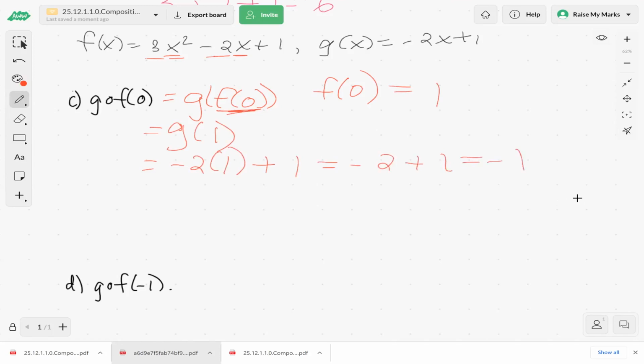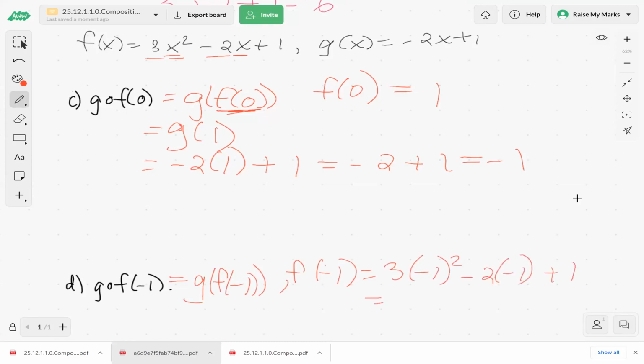Easy. All right. Last one: g composed with f evaluated at negative 1. Again, I think it is easier to evaluate f at negative 1 first. So f at negative 1 is 3 times negative 1 squared minus 2 times negative 1 plus 1.